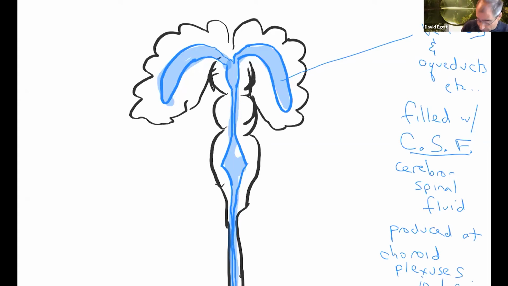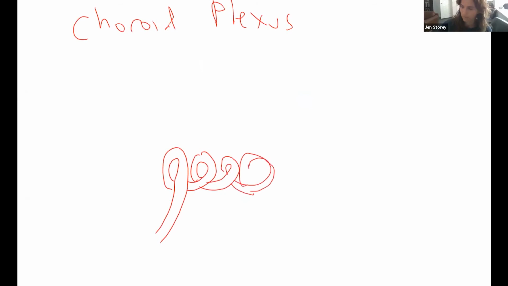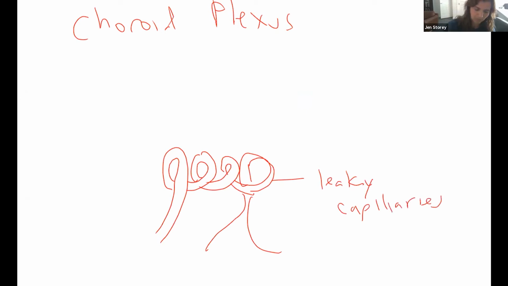A choroid plexus is basically leaky capillaries. These capillaries are also covered with ependymal cells that adjust what is coming out.